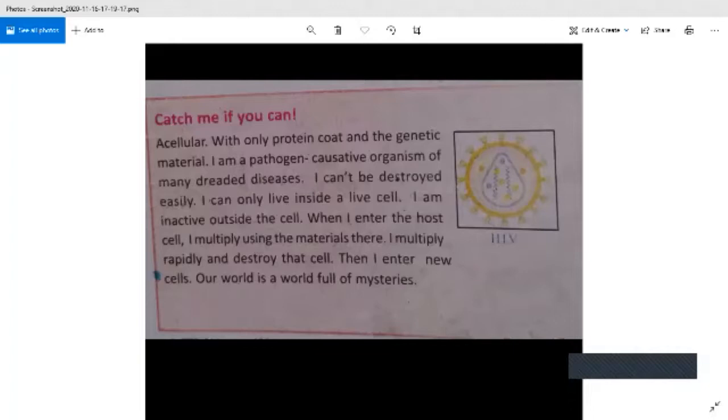So it multiplies using the material inside our body, very rapidly, and destroys our cell. "Then I enter new cells." So it will spread to the next cell also.